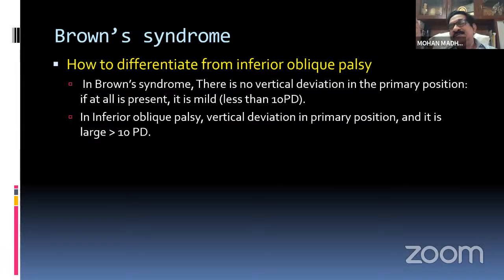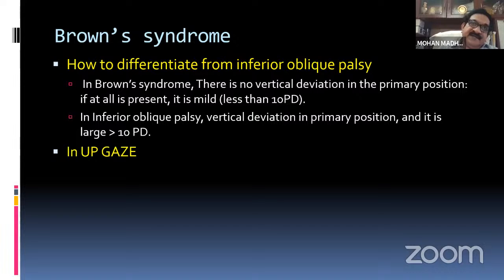Brown syndrome is a restrictive disorder of the superior oblique tendon. That fellow has to be relaxed only when the opposite counterpart is put into action, not in the primary position. Inferior oblique palsy is not like that. There is always some degree of deviation, and even in the primary position the eye will be down in the case of inferior oblique palsy.